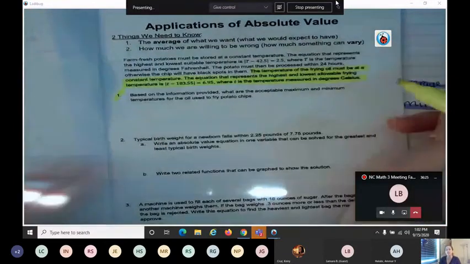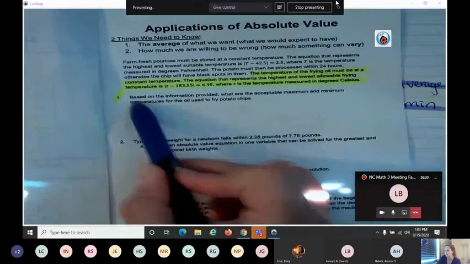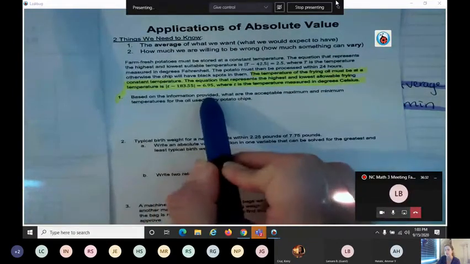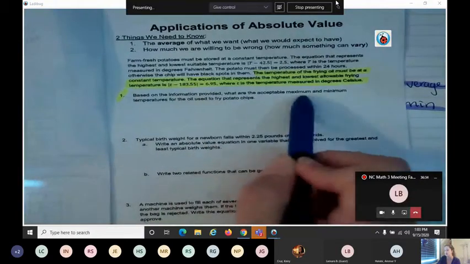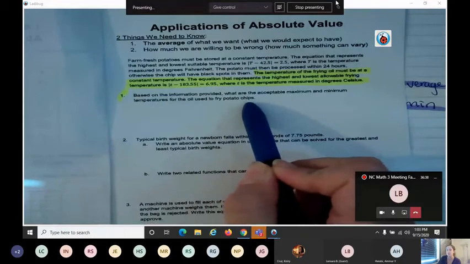It gives us a function here, and it says based on the information provided, what are the acceptable maximum and minimum temperatures of the oil used to fry potato chips?